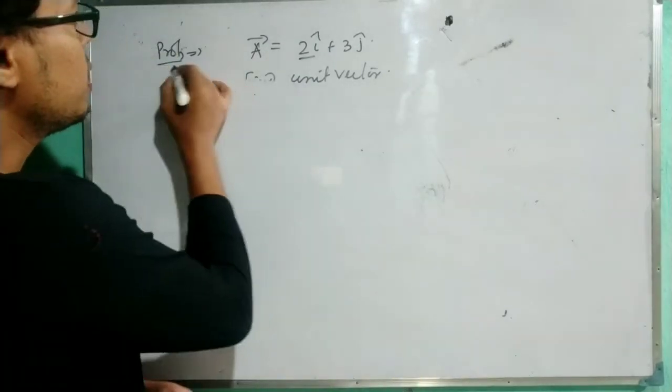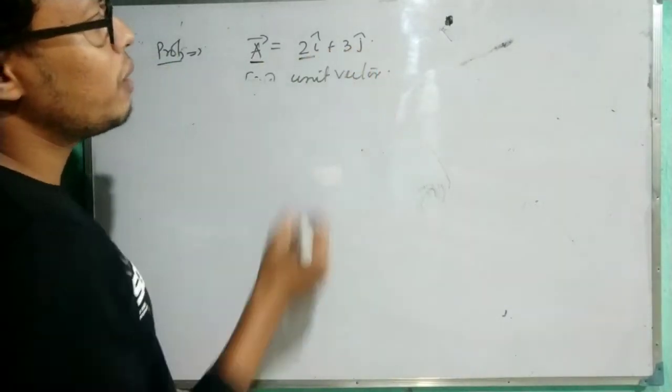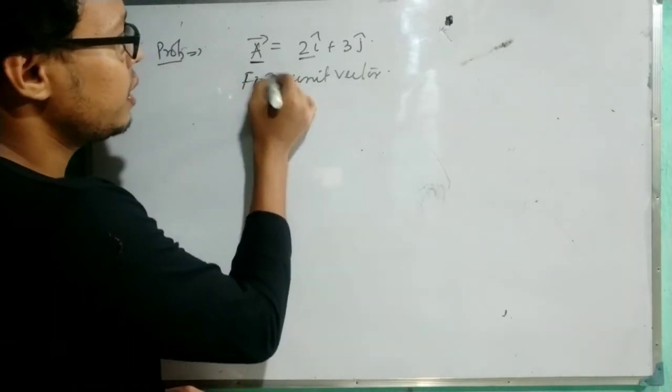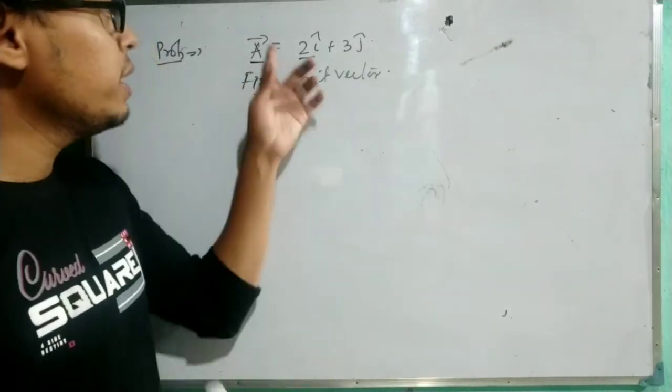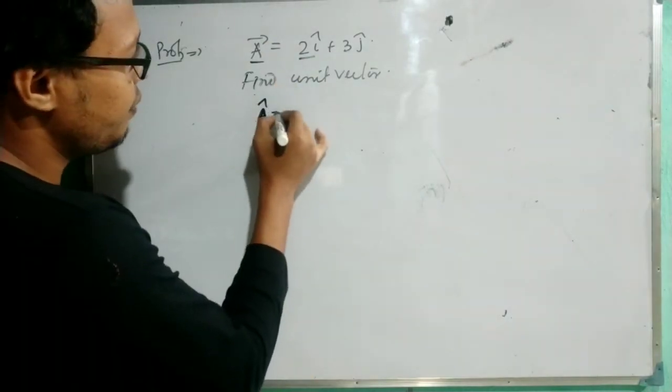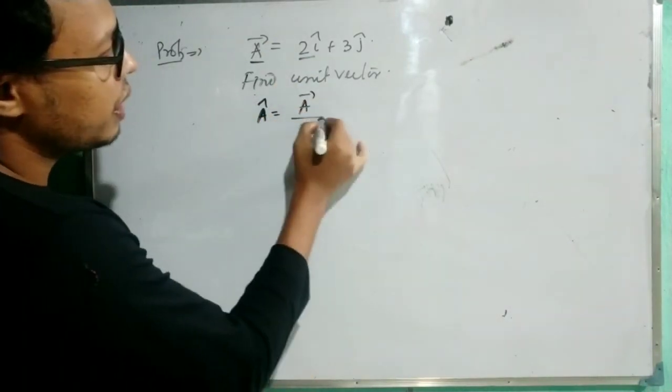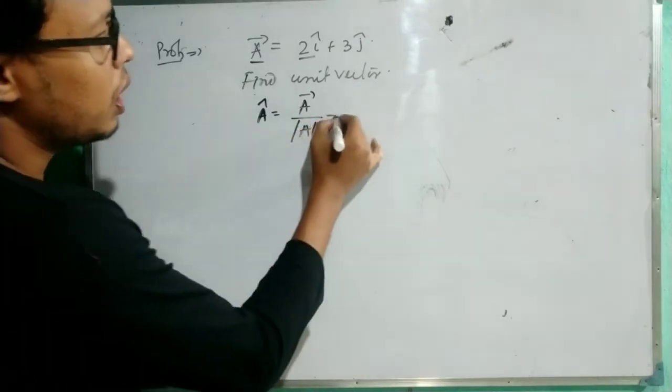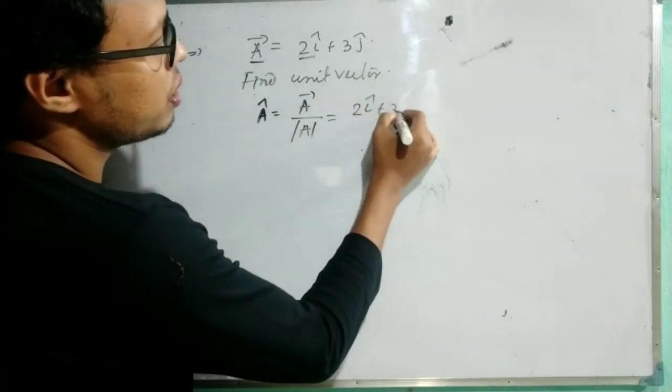Let's do one problem. Here the question is: given a equals 2i plus 3j, find the unit vector in the direction of a. We have read that the unit vector equals a by mod a. Now the a vector is given as 2i plus 3j.